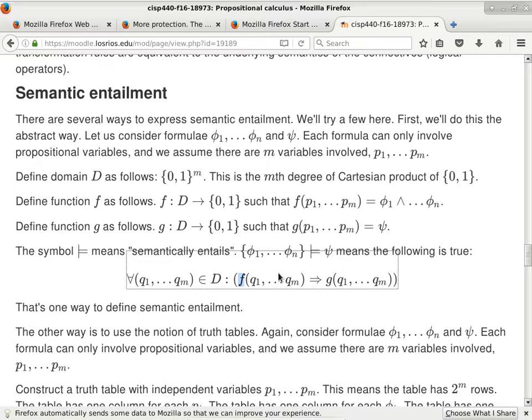But it has to hold true for every single element in D. If you have one single element where this implication does not work, then semantic entailment is not true for that particular setup.